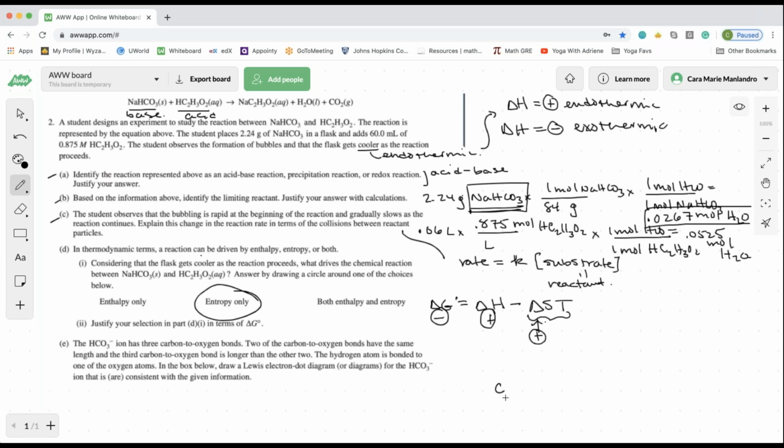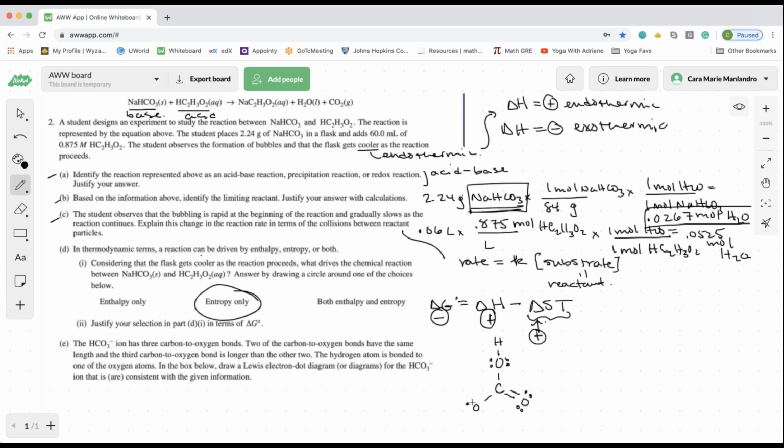I need to attach 3 oxygens to it, and that satisfies the criteria so that I have 4 bonds and 0 lone pairs. Oxygen in general likes to make 2 bonds and have 2 lone pairs. I'm going to attach the hydrogen, and then fill in my oxygen electrons here.